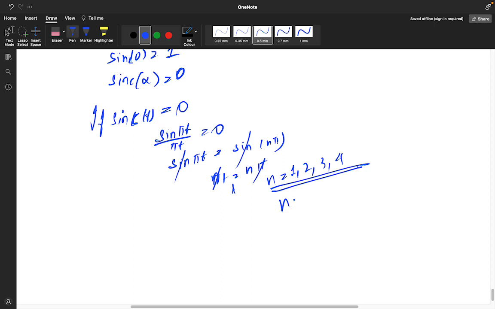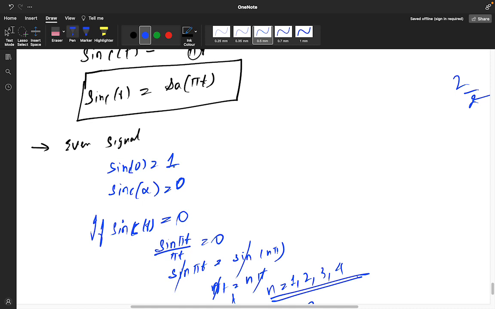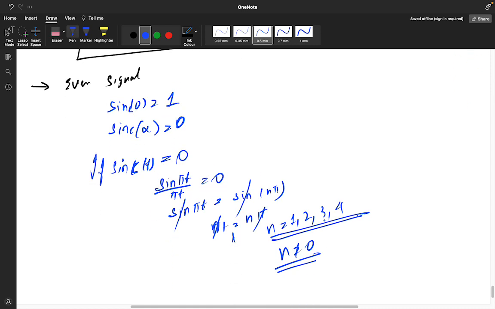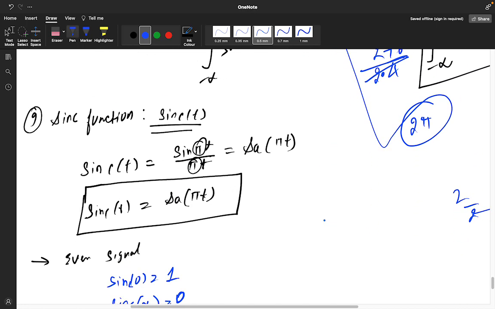When n is not equal to 0, you will get 0. At n equals 0, you will get 1.